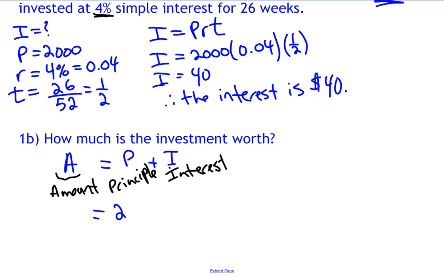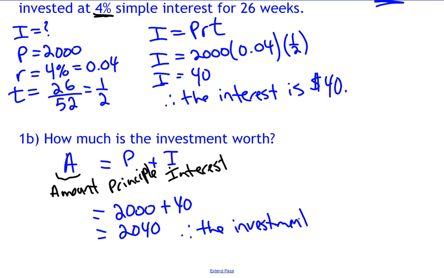We knew that the principal was $2,000. That's what we invested, plus the $40 in interest, for a grand total of $2,040. So we should finish this off. The investment is worth $2,040.